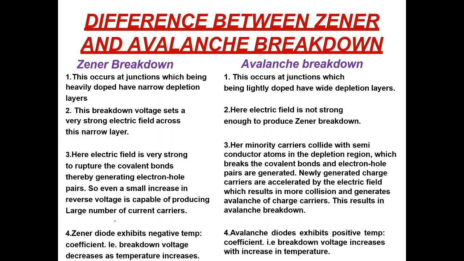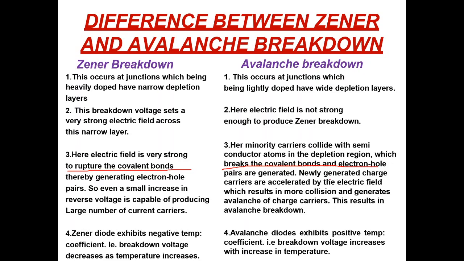The third point is that Zener breakdown goes for the rupture of covalent bonds, generating electron-hole pairs or free electrons, so that we get a high amount of current. Avalanche breakdown is mainly due to the breaking of covalent bonds through collisions, generating electron-hole pairs for a higher amount of current.